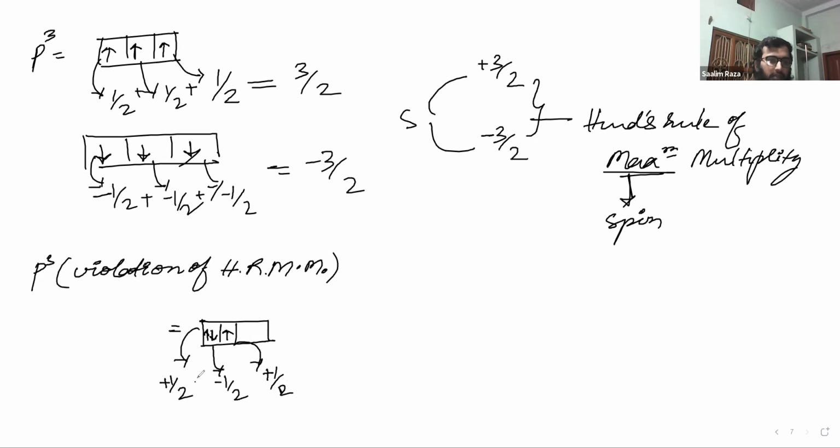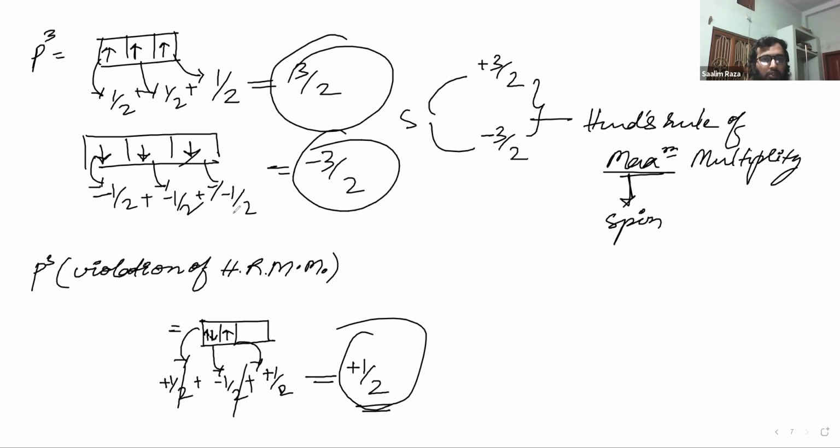The terms are additive, so the plus half and minus half cancel out each other and we get only plus half. Hence this plus half spin is less than the magnitude of the spins when we filled the electrons in accordance with Hund's rule of maximum multiplicity. When we violated the rule, we didn't get the maximum spin.